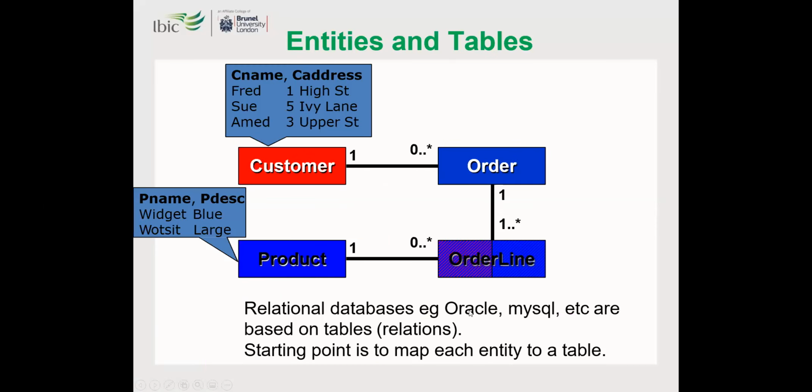So here you can see another entity and tables. Based on the customer, we have this table with these attributes, customer name and customer address, which are 2 attributes or 2 fields or 2 columns of the customer table.